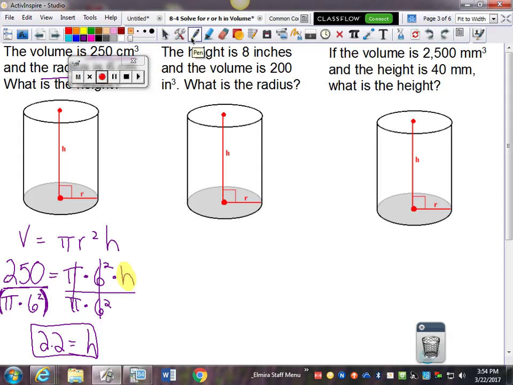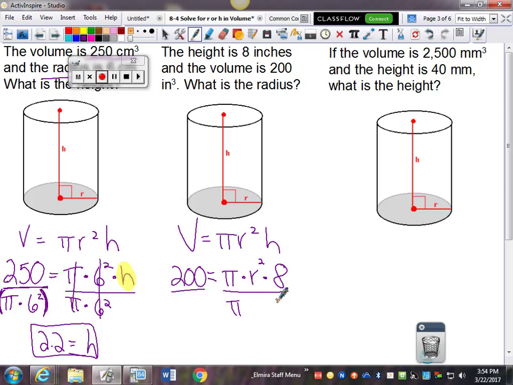It says that the height is 8 inches. Okay, still a cylinder. We're still doing volume equals pi r squared h. Okay, it says the height is 8 and the volume is 200. So this time we don't know r. So we're going to divide both sides, again, by the numbers, pi and 8.